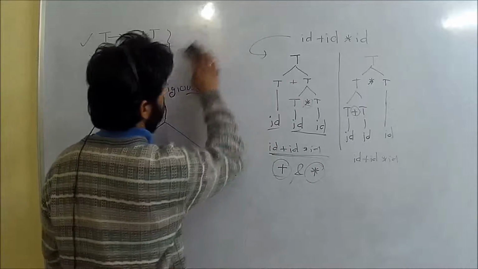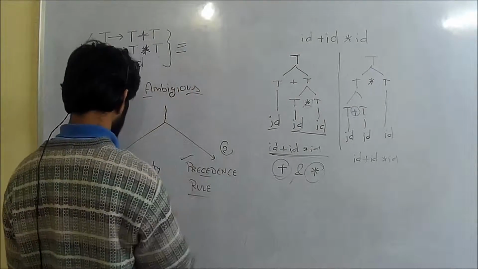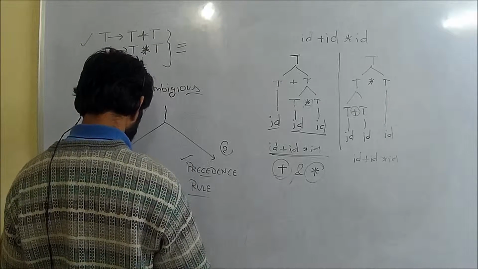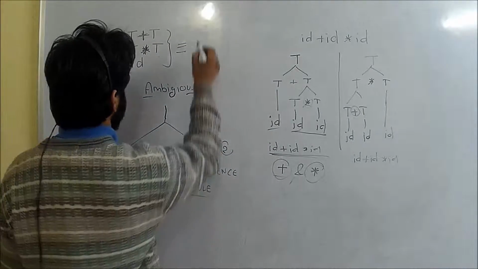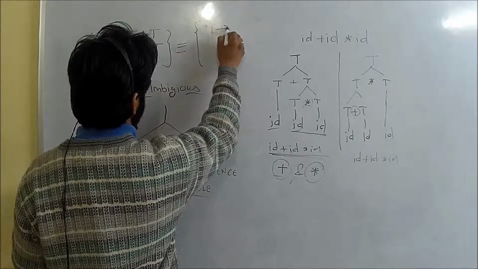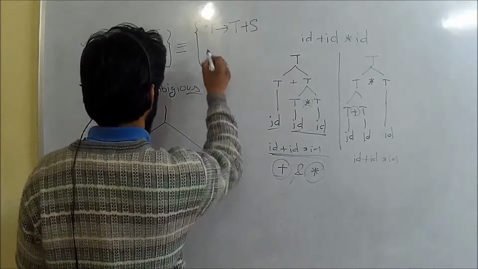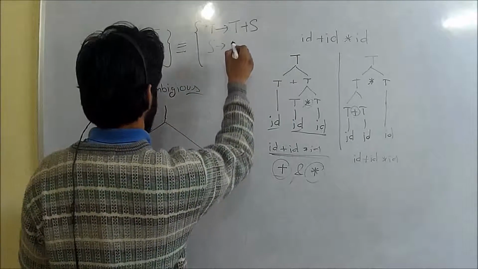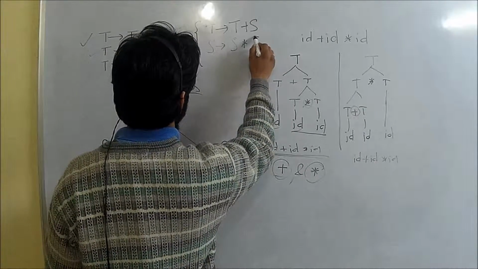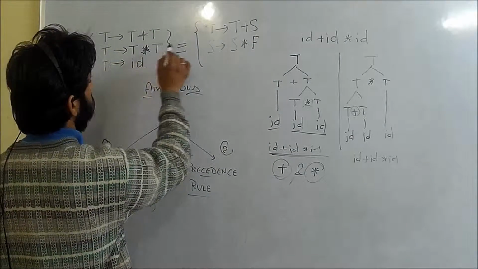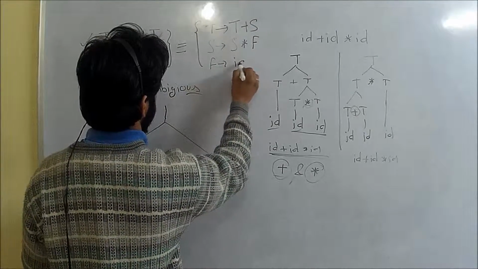So by following the rule of precedence, the resultant grammar I will get is: T derives T plus S, then S derives S star F, then F derives ID.